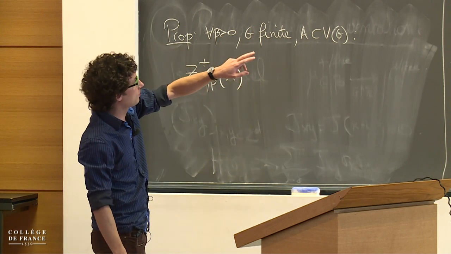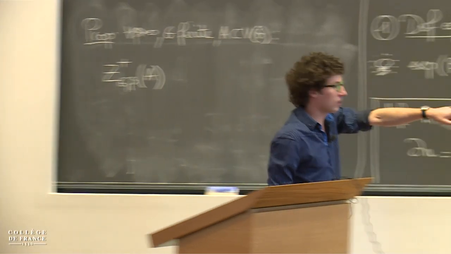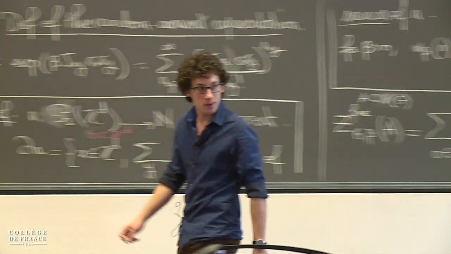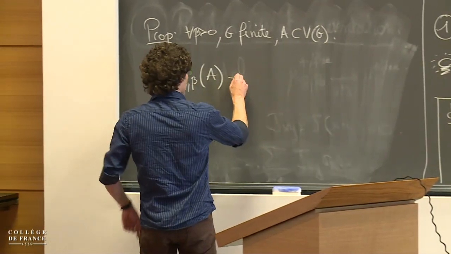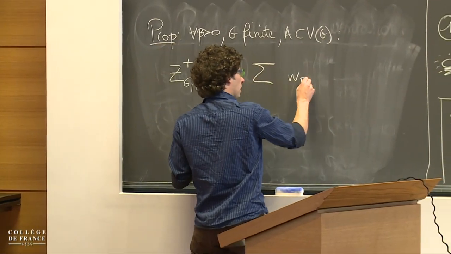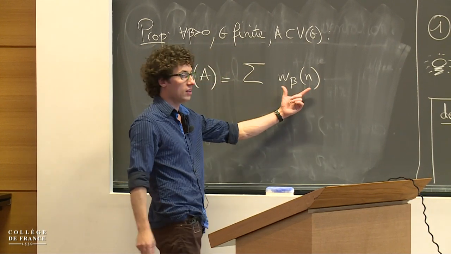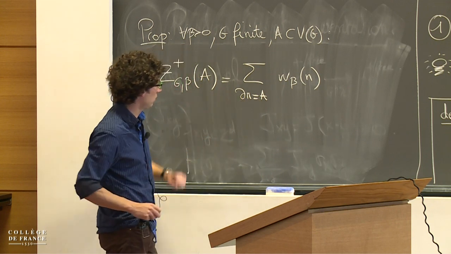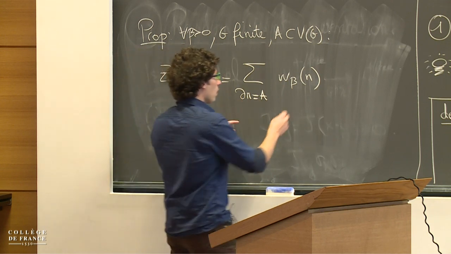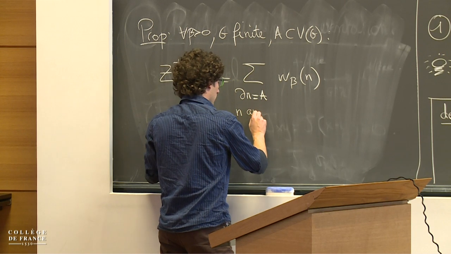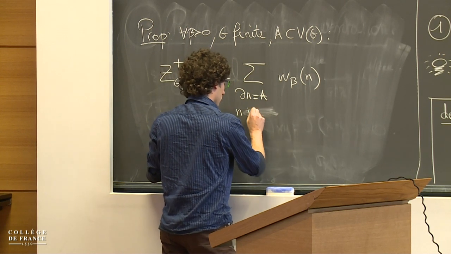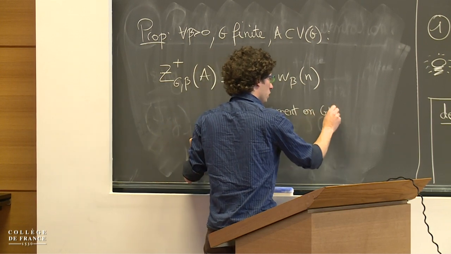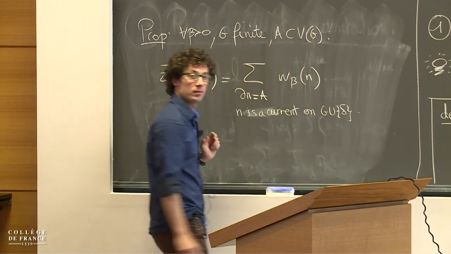It's just the same as before, except that instead of taking the free Hamiltonian, you are taking the plus Hamiltonian. Okay? Well, this thing is going to be the sum of the W beta of n as before, also with currents with sources A, except that now n is a current on G union the ghost vertex.